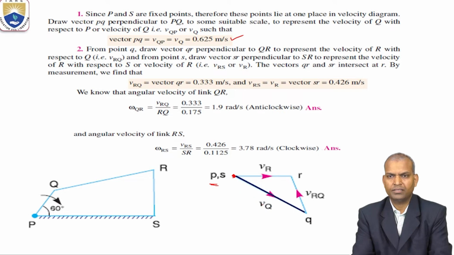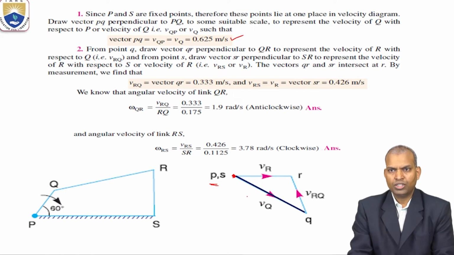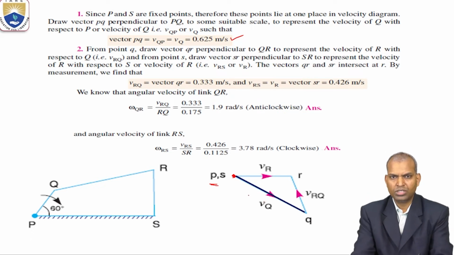This is a vector line. Then for the remaining QR and RS, we know the direction but we don't know the magnitude. Those unknown magnitudes are to be found with the help of the velocity diagram.